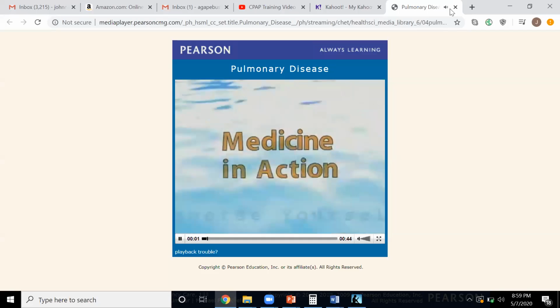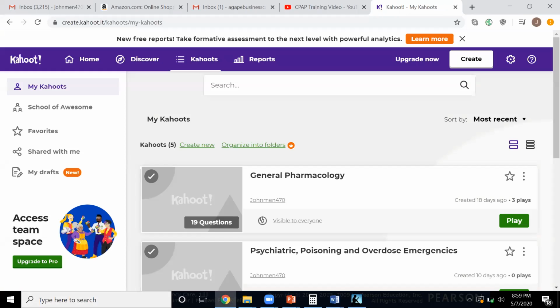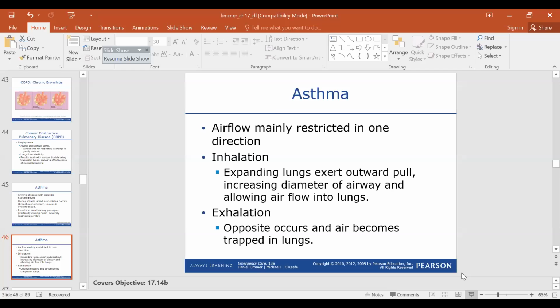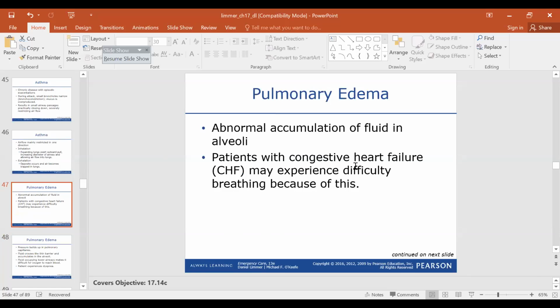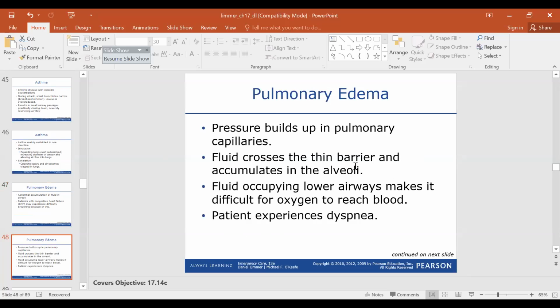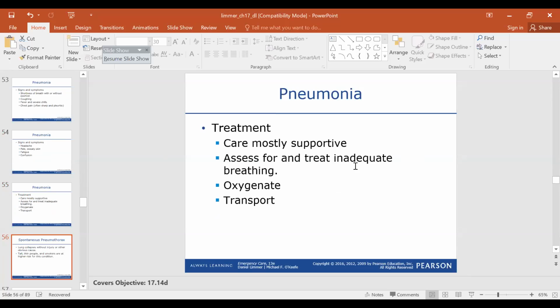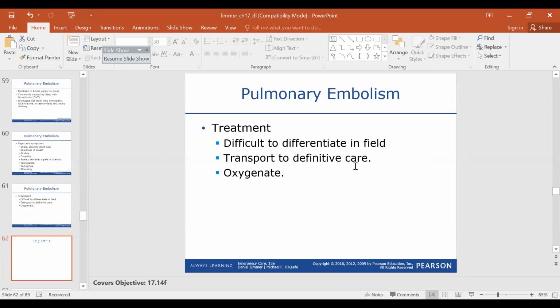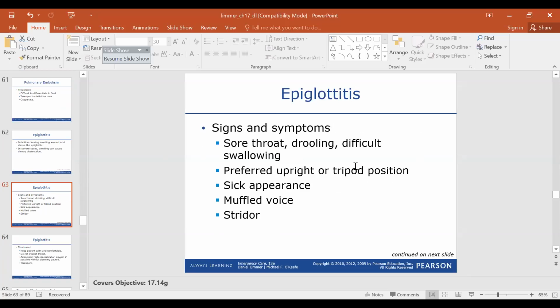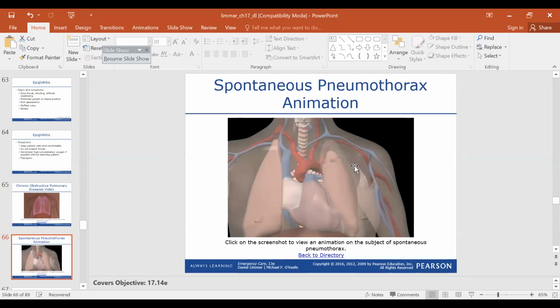All right. Pulmonary edema, I think I hit that one. Am I going backwards? Talked about that. Something has set me way back for some reason.